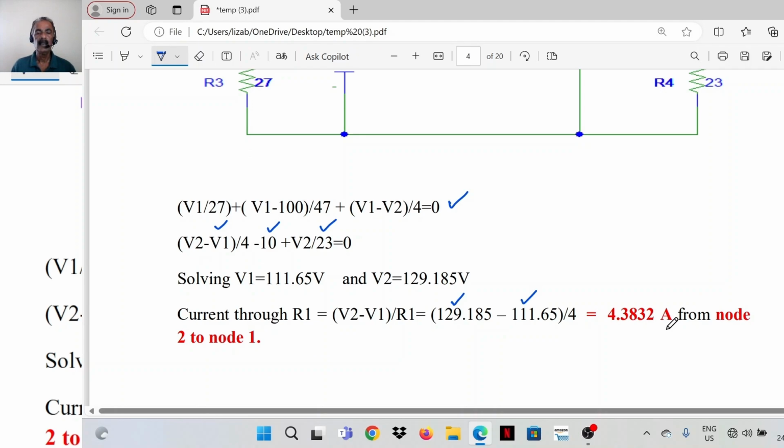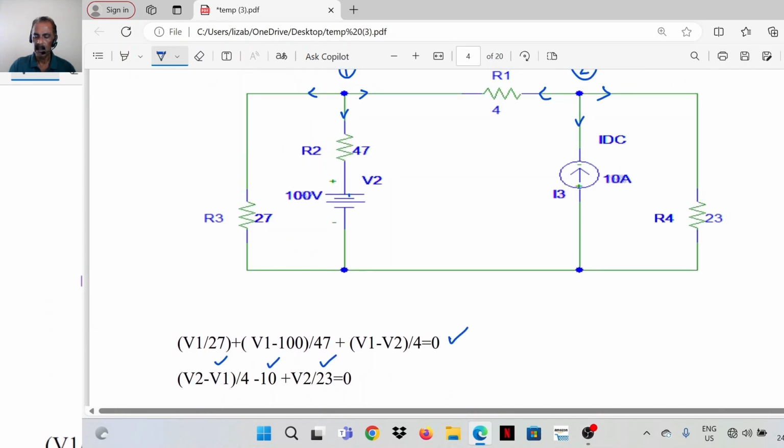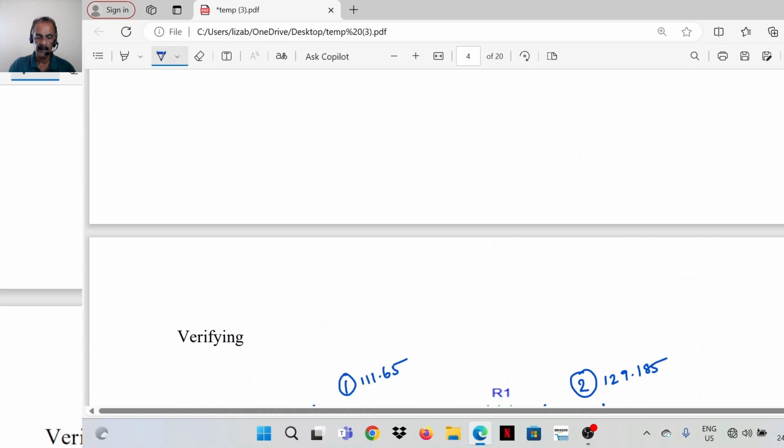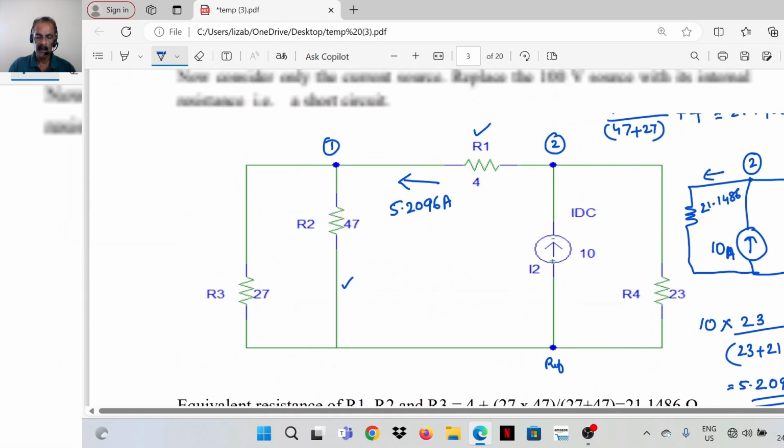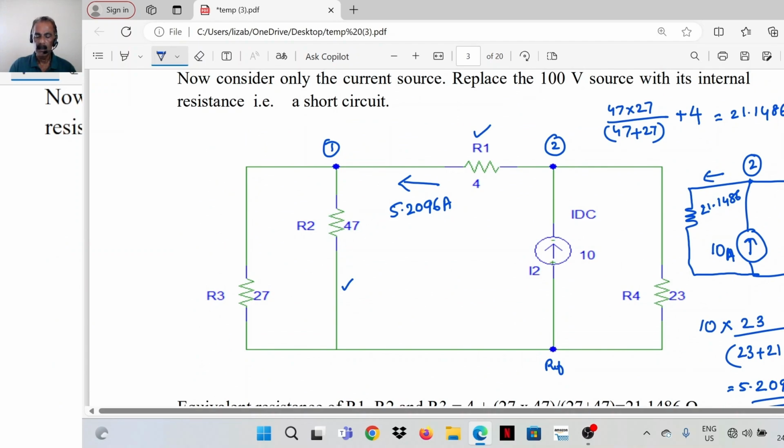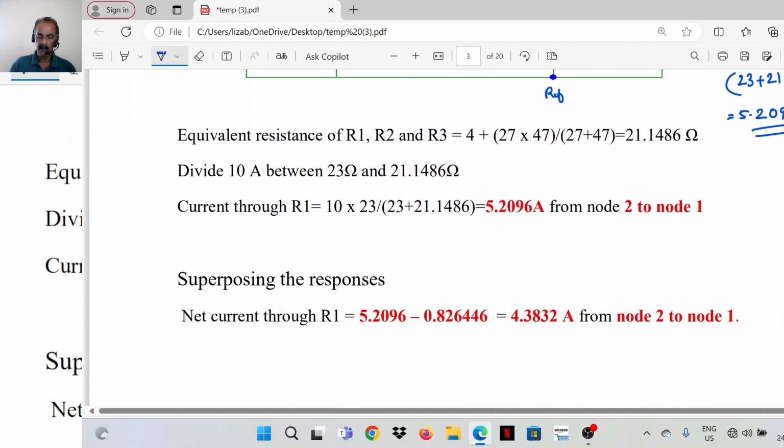This is the proof of the superposition theorem. In the first case, we consider only the voltage source. Replace the current source with its internal impedance, that is an open circuit, and solve for the current between node 1 and 2, or the current through the element R1. Then we consider the current source alone, replacing the voltage source with its internal impedance, that is a short circuit. Again solve for the current from node 2 to node 1. Then find the sum.